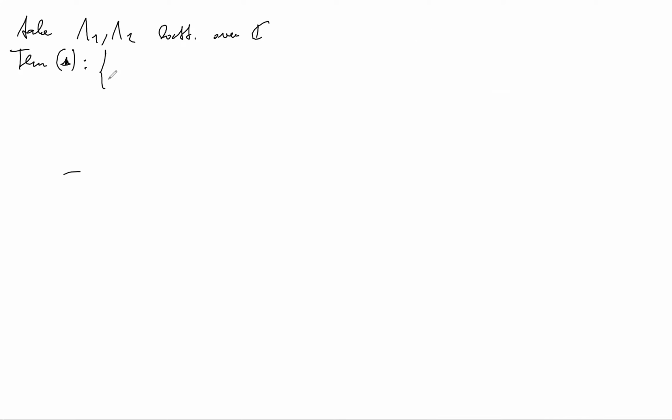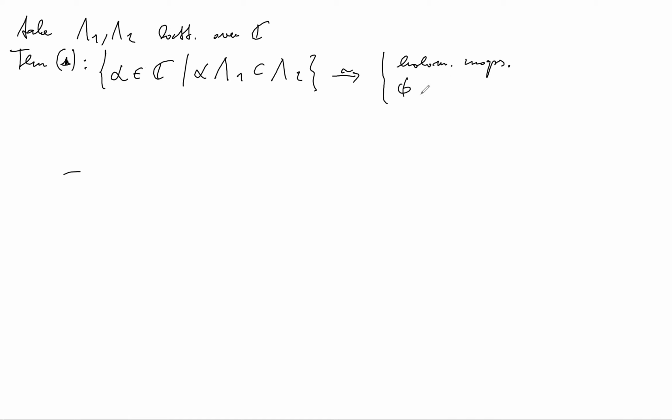Namely, the set of all alphas in C such that alpha lambda 1 is contained in lambda 2 is in one-to-one correspondence to holomorphic maps from C mod lambda 1 into C mod lambda 2. They send the origin to the origin.